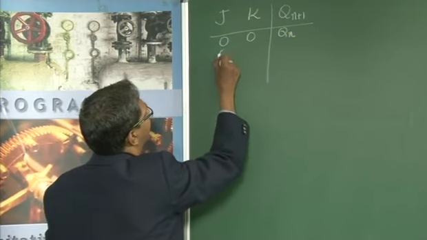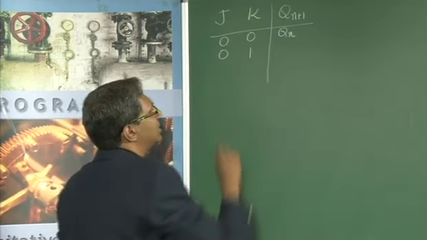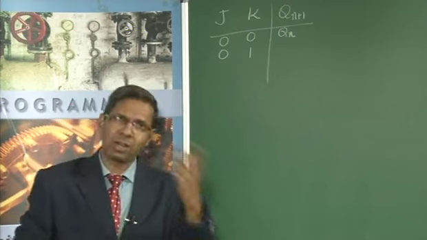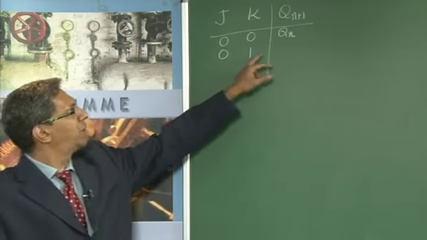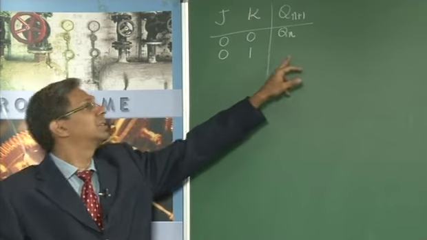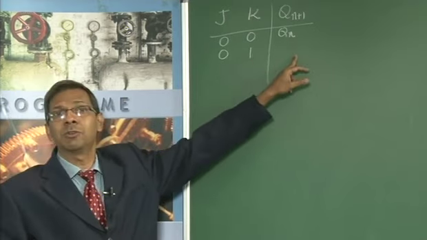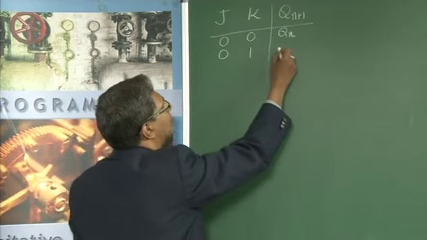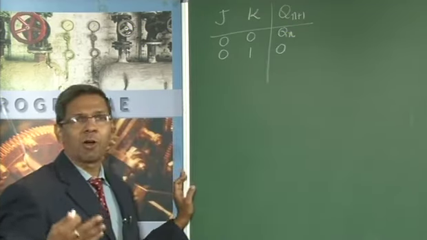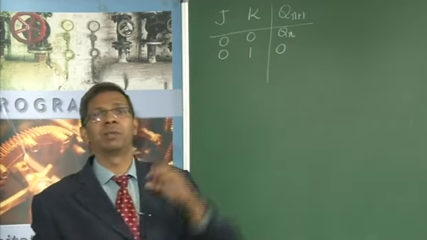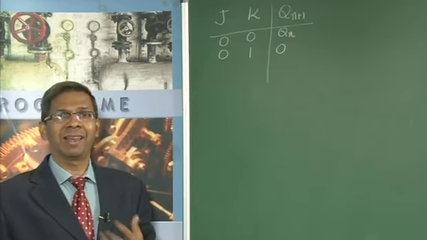Next, let us say the inputs are 0 and 1, and when the clock comes, again I am saying the clock comes, though I am not showing it here. So if it is 0 and 1, what should the output be? Yes, since K is 1, it has to clear the output. Means the output, irrespective of what its previous output was, the next output, which we call Qn plus 1, is going to be 0 because I am doing a clear.